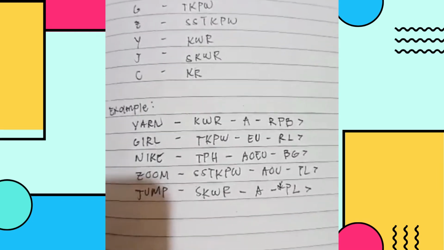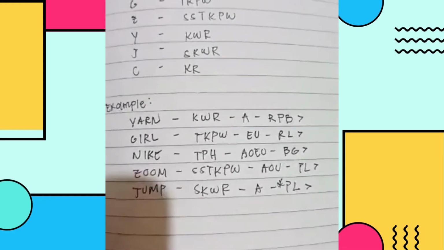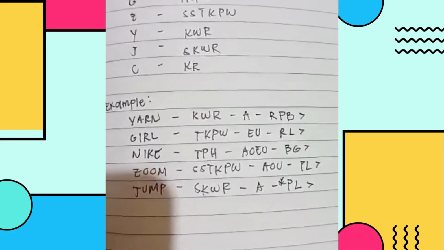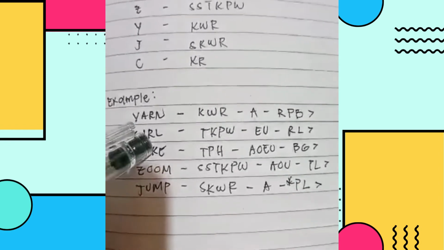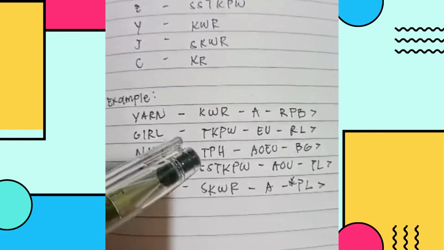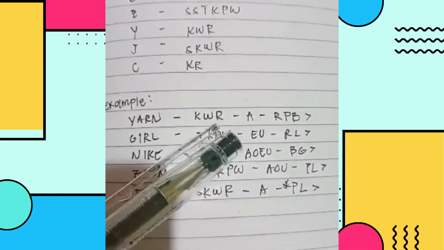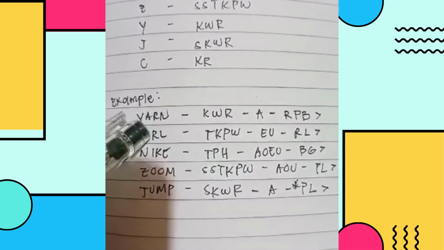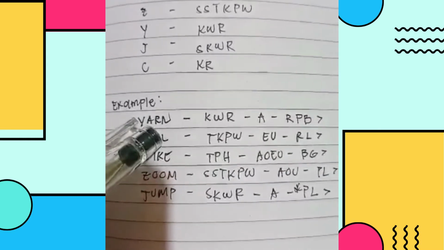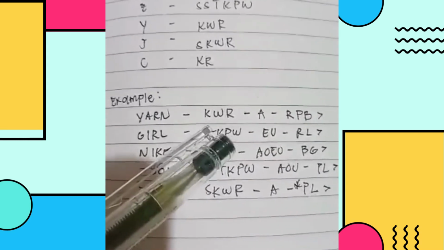I'll give you some examples of left-hand coded letters part 2. First is the word yarn. This is how to write the word yarn in machine shorthand. First is the letter Y. The code of letter Y is KWR.